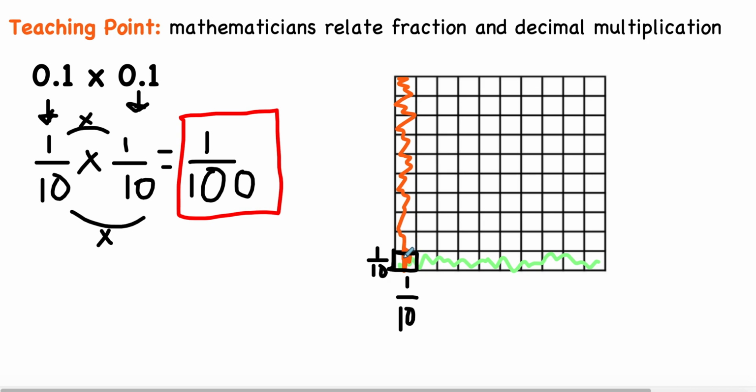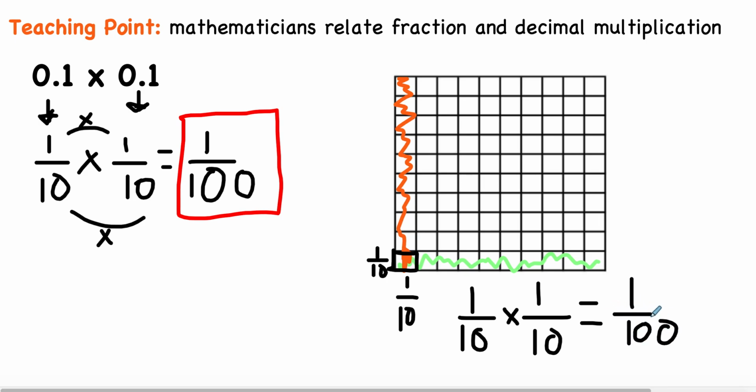And the part that's overlapping with the 2 1/10ths is 1/100th of the whole. So 1/10 times 1/10 is 1/100th, as we can see in the model, that this part right here is 1/100th of the whole.